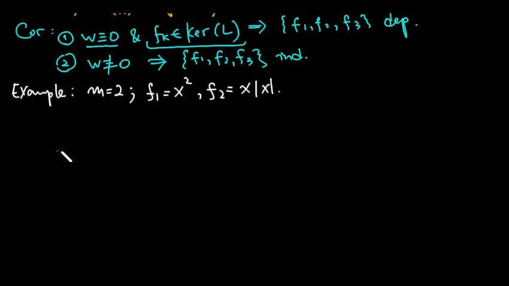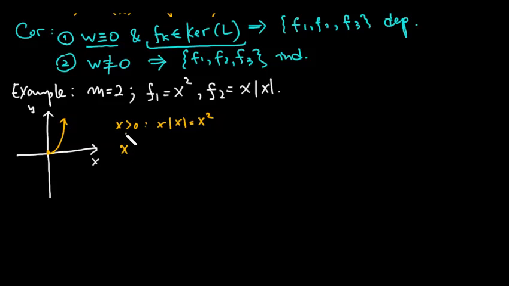Let me sketch this. You know x squared, so I'm only going to sketch the function f2. This is the xy plane. If x is greater than 0, the absolute value of x is x, so x times absolute value of x is just x squared. Therefore, we have the usual part of the parabola showing up here.